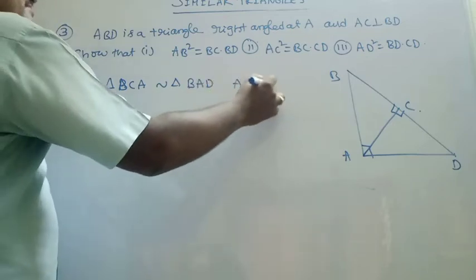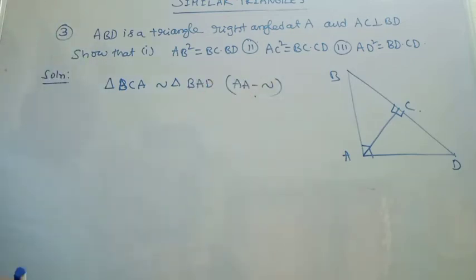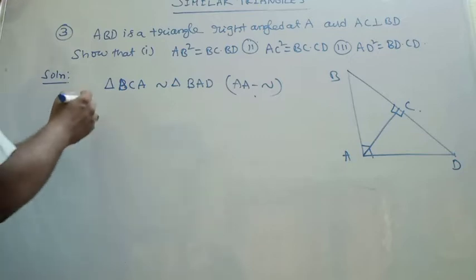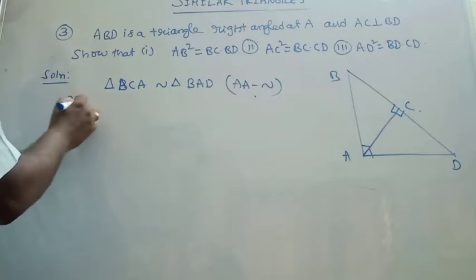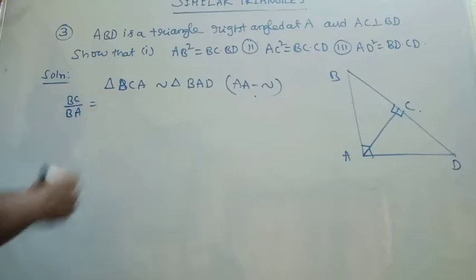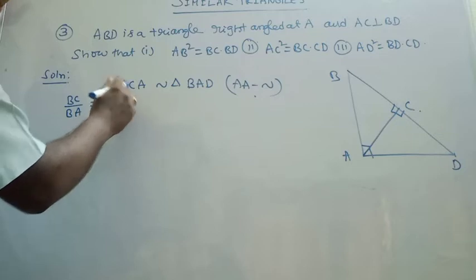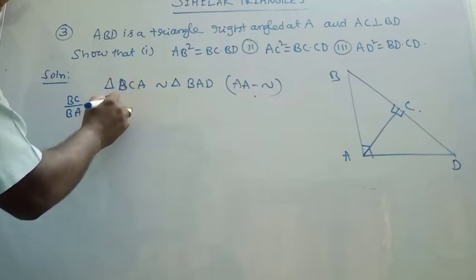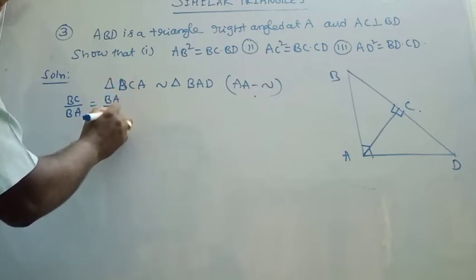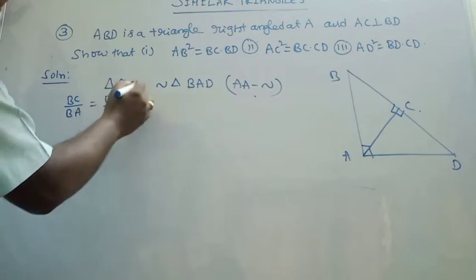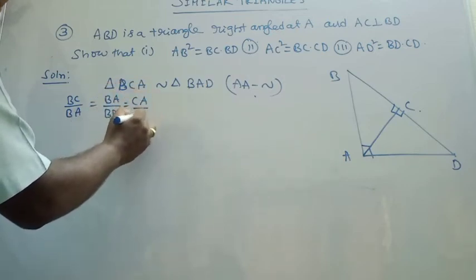By AA similarity, we can say that they are similar. Once they are similar, we know that BC by BA is equal to CA by AD, and also BA by BD is equal to CA by AD.